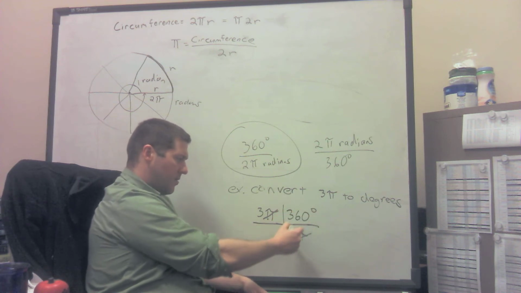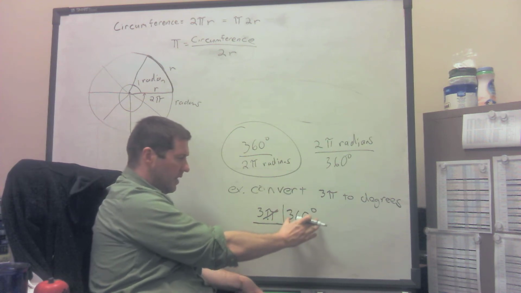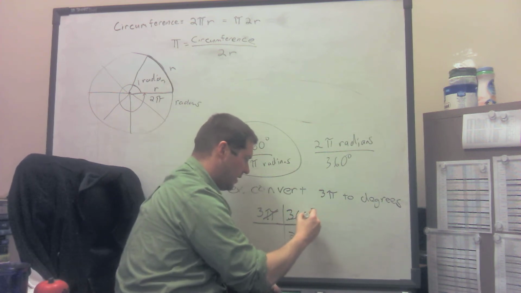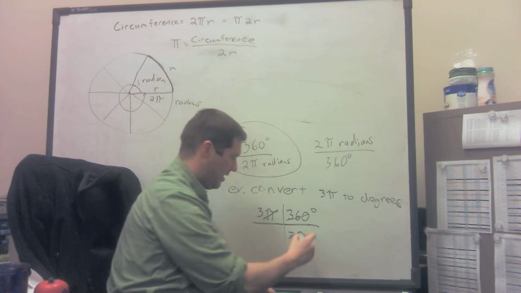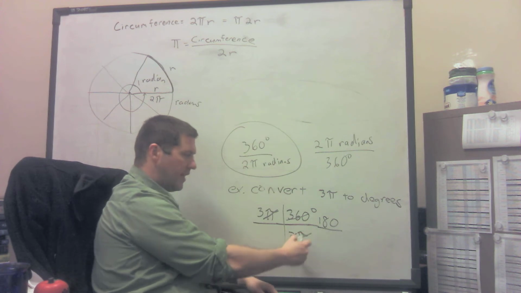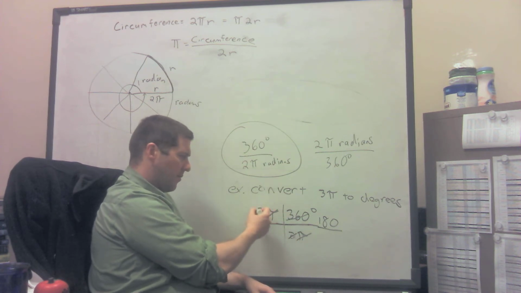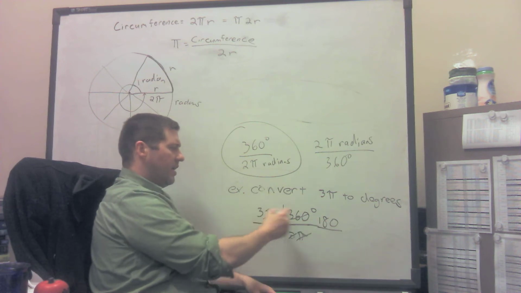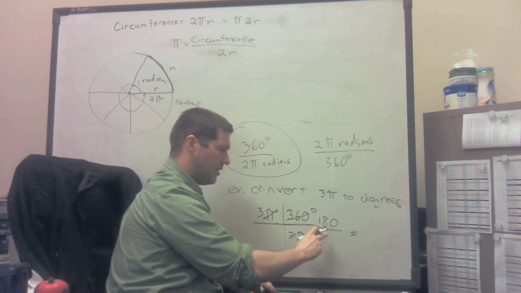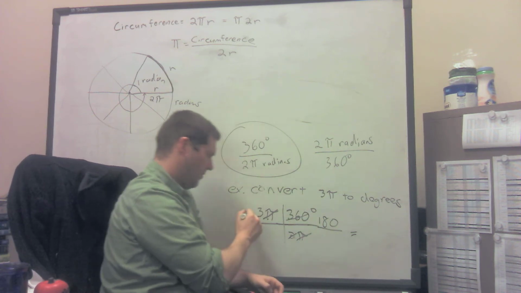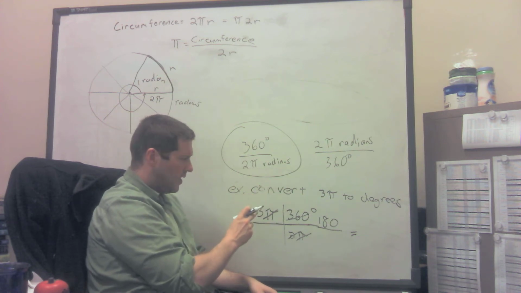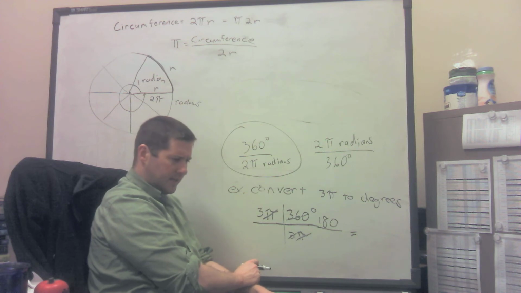I always try to do whatever canceling I can first. 360 divided by 2 is going to be 180. So I cancel out everything from the denominator. In the numerator, I have my 3, I have my 180, I have my degree symbol. So I need 3 times 180 degrees. What is 3 times 180? 300 and 240? That doesn't seem right.